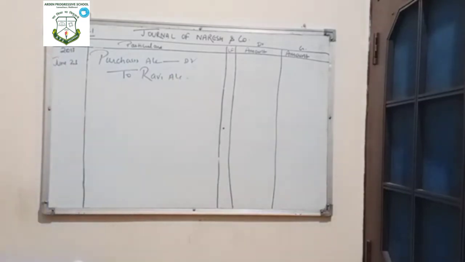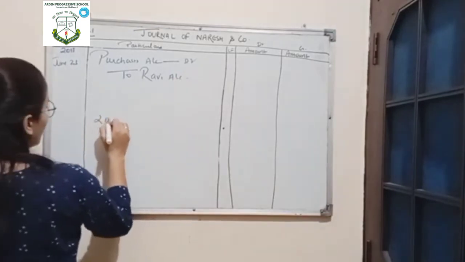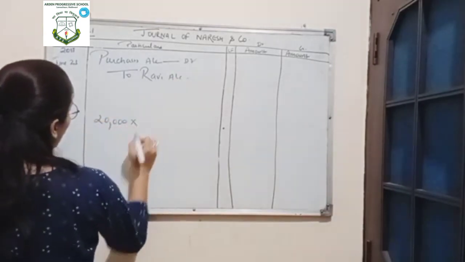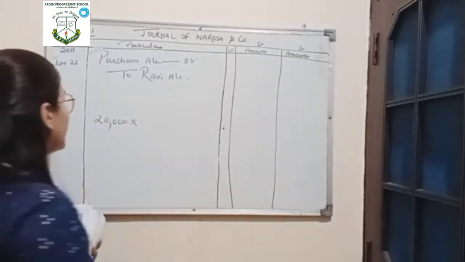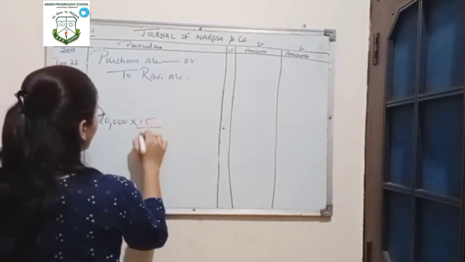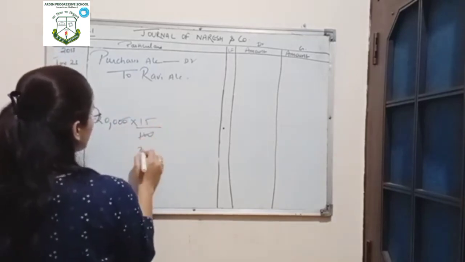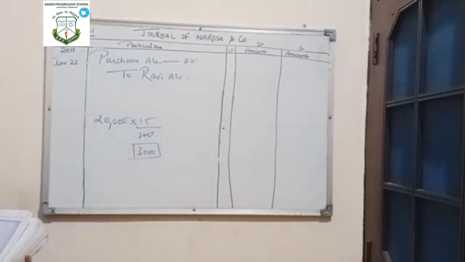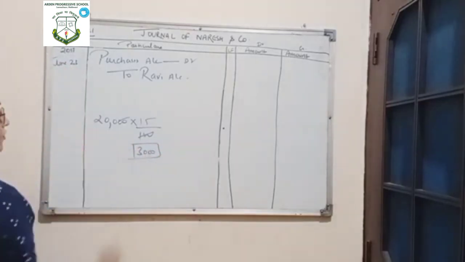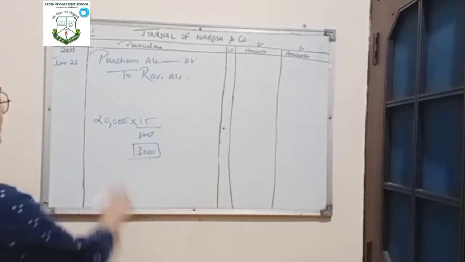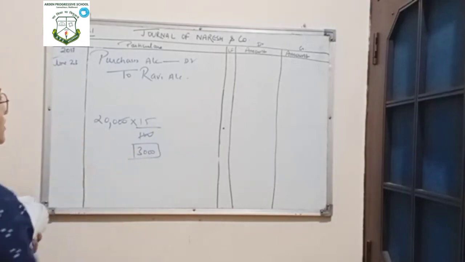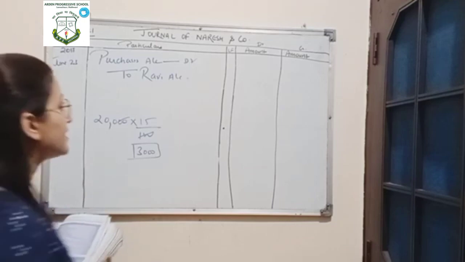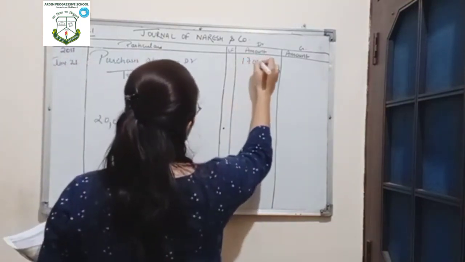Now here, the amount at which the goods are purchased is 20,000 and there is 15% trade discount. So 15% of 20,000 is 3,000. 3,000 is the amount of trade discount which will be deducted from the invoice price. Invoice is of 20,000, so 20,000 minus 3,000 is 17,000.